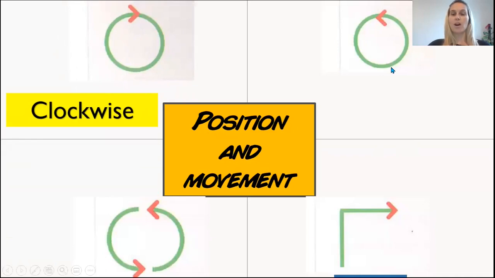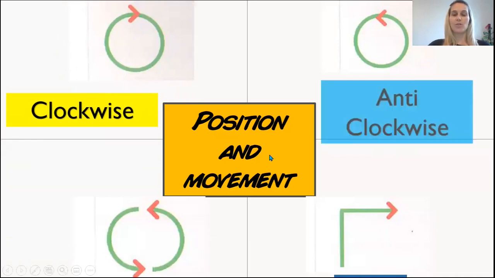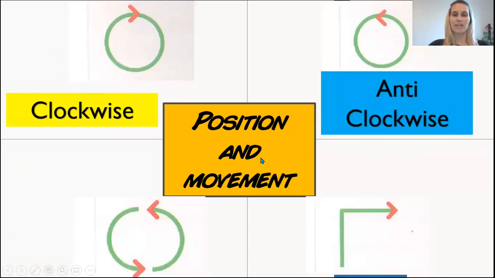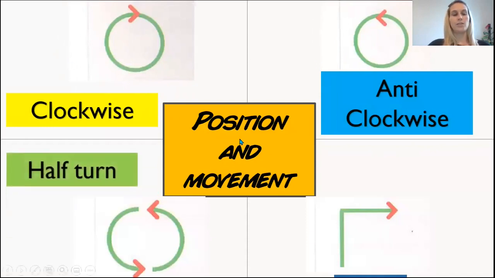Now, opposite of clockwise is something called anti-clockwise. It goes the opposite direction of clockwise. Look at the difference here. The third one we call half turn. It's half of a turn. Imagine this was one full circle. You would only turn for half of the circle.